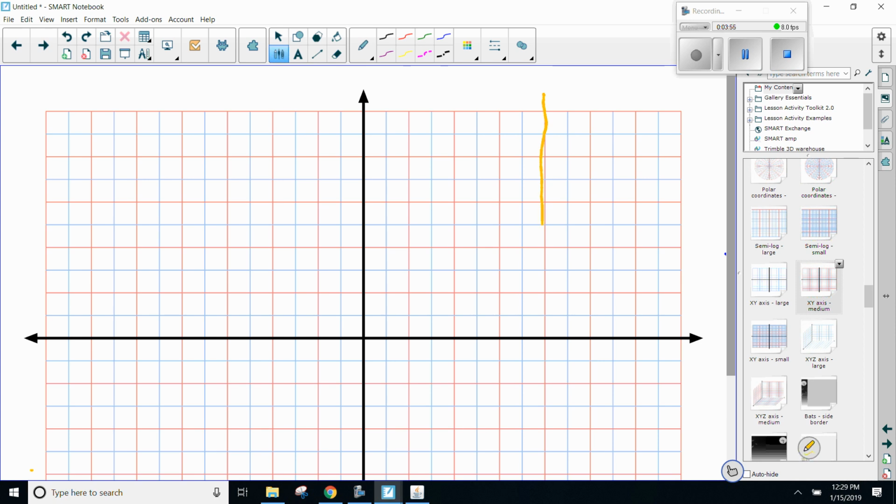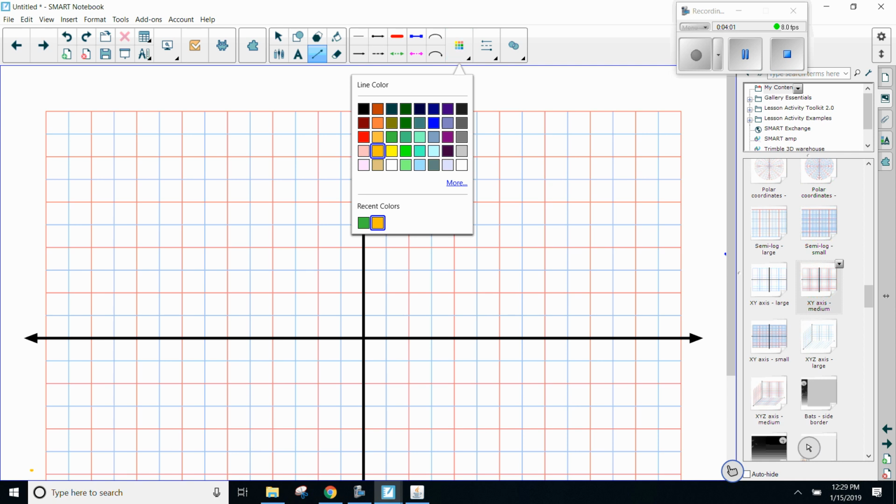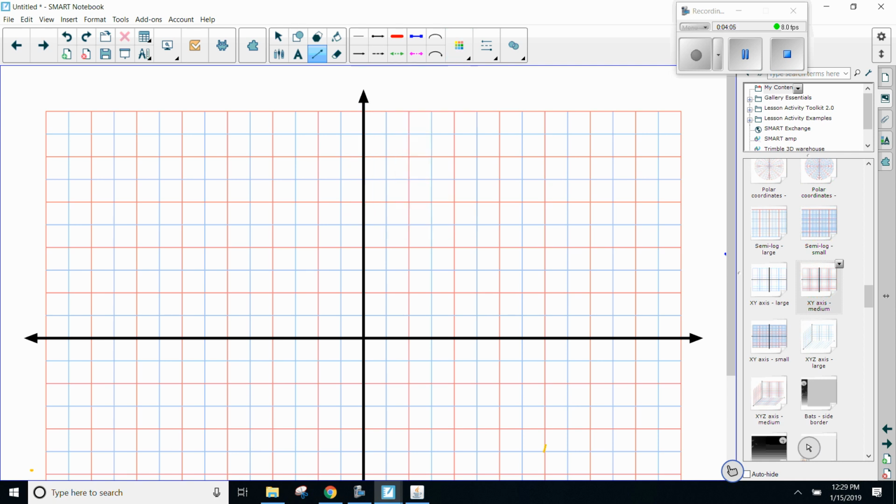Crosses the x-axis. Oh, that's not what I wanted. This is what I wanted. So x equals 8, 2, 4, 6, 8. So it's tangent to x equals 8, y equals 3. So I want to go y equals 3. So I have that right there, right?